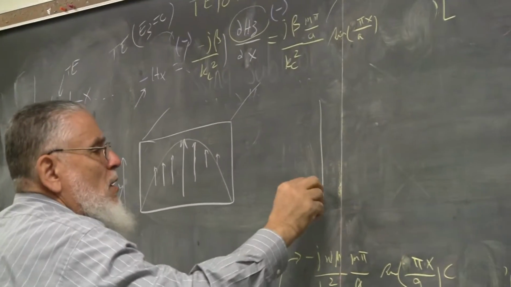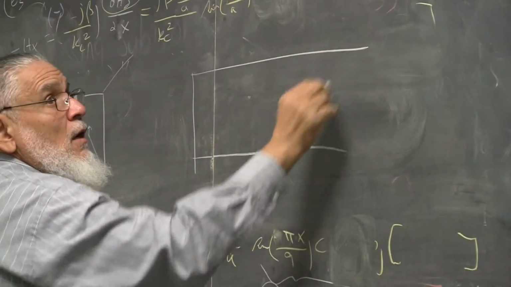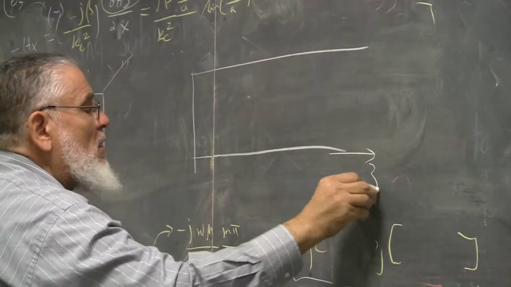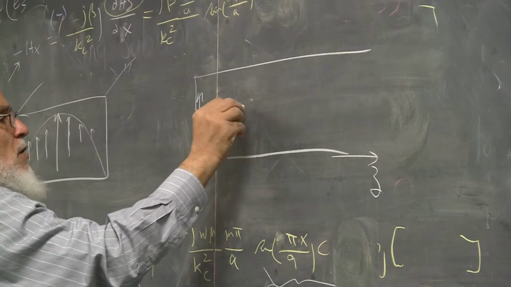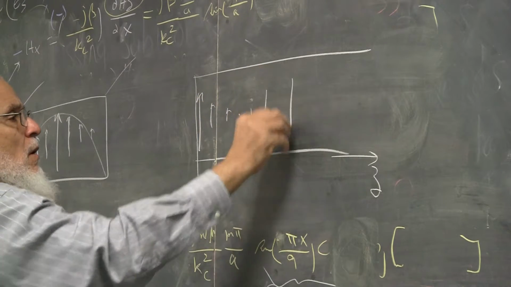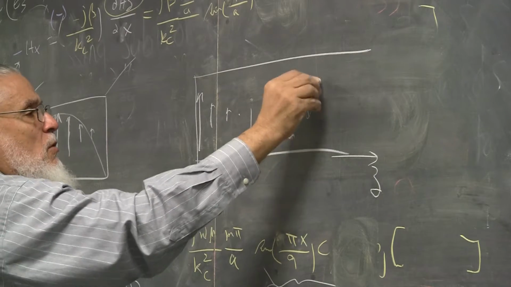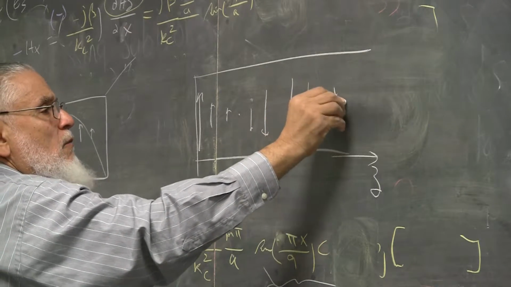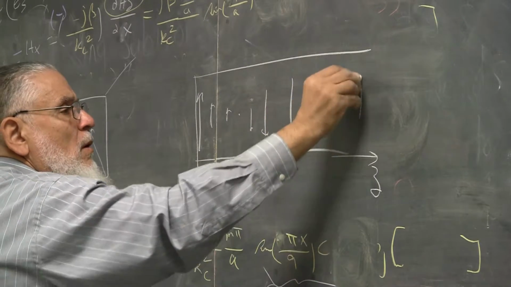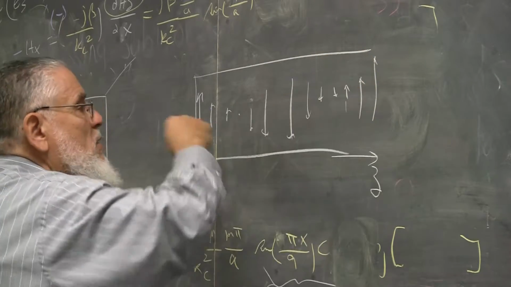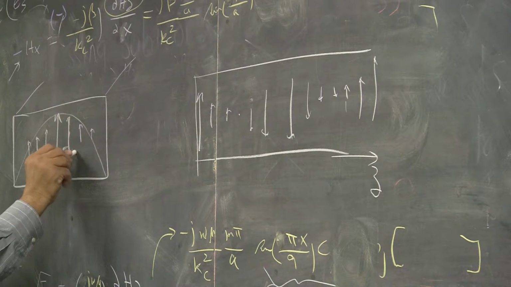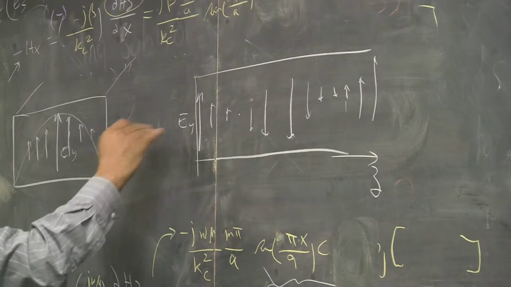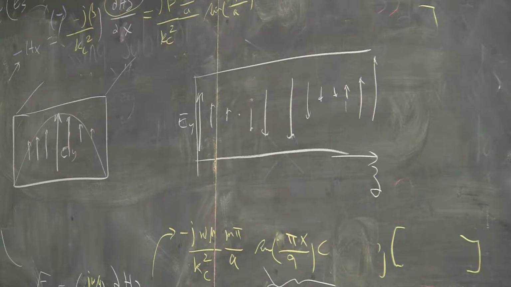If I look at it along the Z-axis, that's our Z-axis right here. It may start this way, but it's going to shrink to 0, and then flip, and then shrink to 0 again, and then flip. It's a sinusoid. So that's your EY, your electric field for the 1, 0 mode.